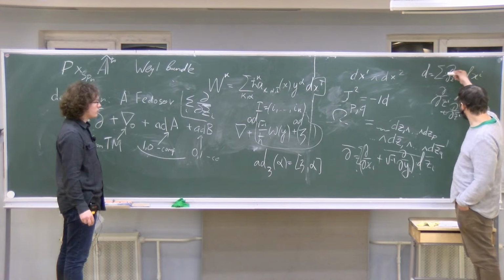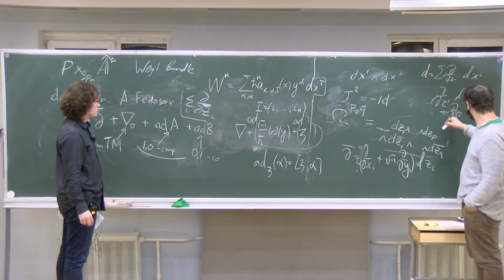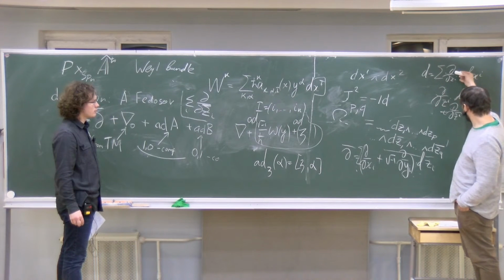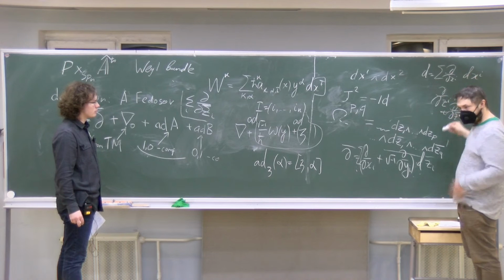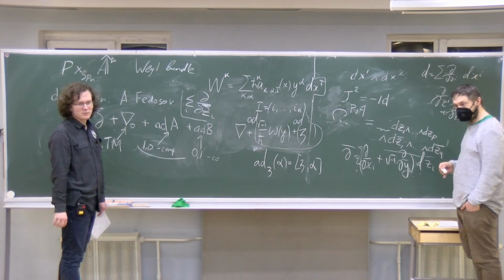So there are n holomorphic coordinates and n anti-holomorphic coordinates. That is the way we rewrite these if we use different coordinates.